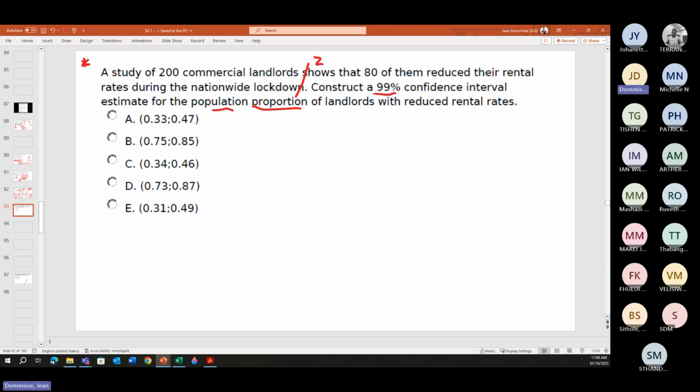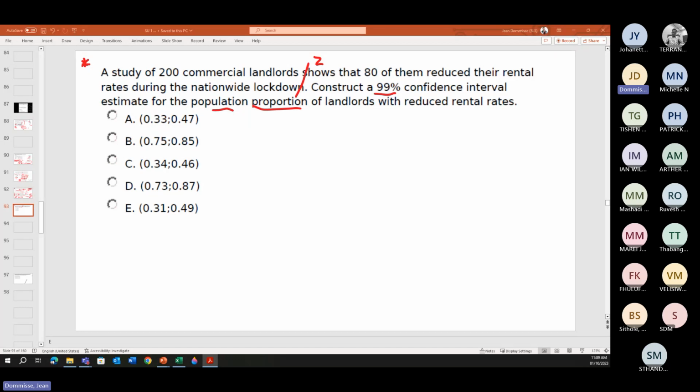99% confidence interval. What, again, from my table that's in that study guide, what is 99? It's going to be 2,58 or something like that. Again, please don't nearly study that.